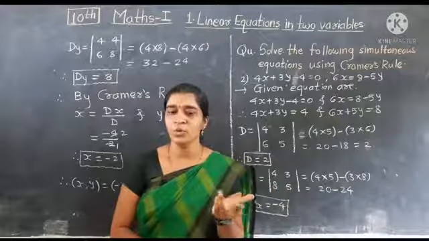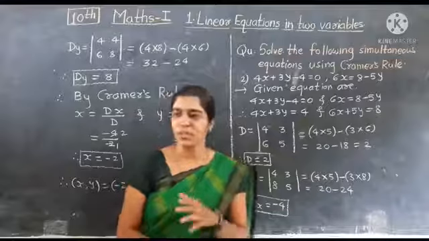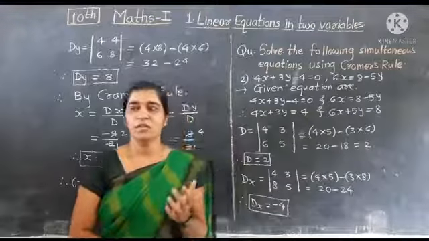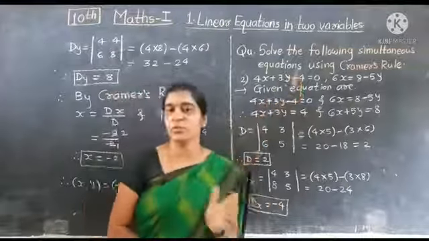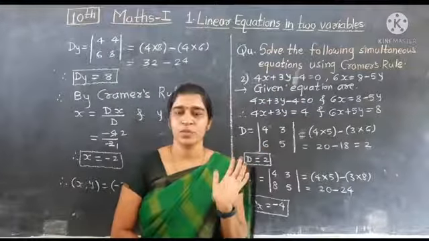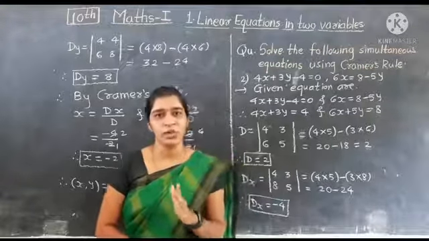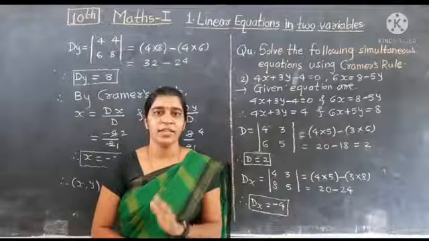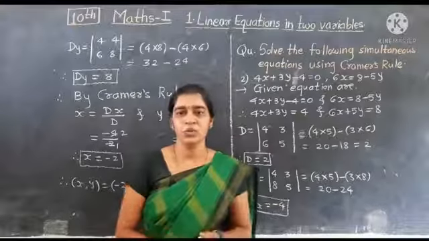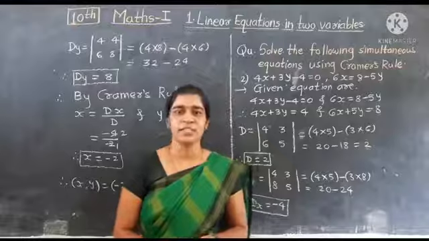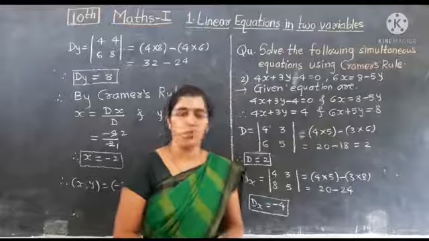Question number 2 is on solving determinants, and question number 3 is on solving simultaneous equations by using Cramer's rule. So one by one, solve all these 3 questions yourself correctly. There is no problem in any question. Very simple. So you solve all the exercises, that is practice set 3.3, correctly in your notebook.